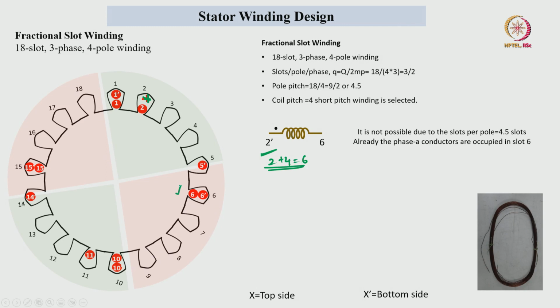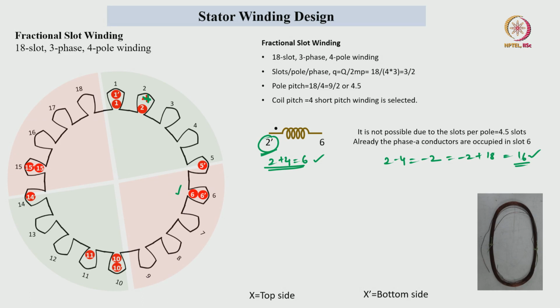Already the 6th slot is filled with A phase conductors or first phase conductors, which is not possible in this combination. So, 2 minus 4 we have to do, that will give minus 2. Minus 2 plus 18 slots will give the 16th slot number. So, this second slot bottom side and 16th slot top side we have to connect, that we will see at the end.